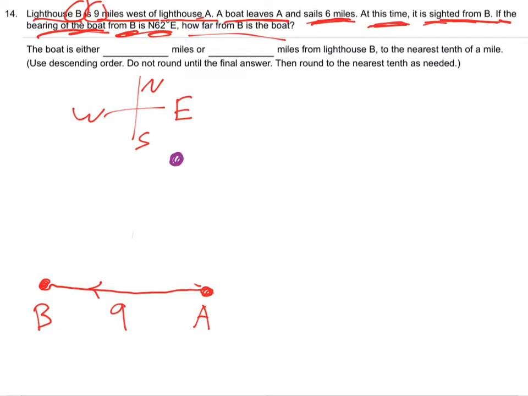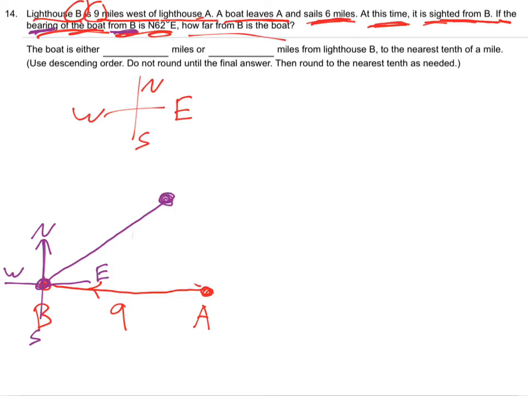Meaning, I'm going to go from B, right? Whenever they give you bearings, go bearings from B. Draw your axis system right there at B. This is north, south, east, and west from B. And they're saying it's what? North 62 east. So it's north, but not straight north. Maybe it's even more like that.